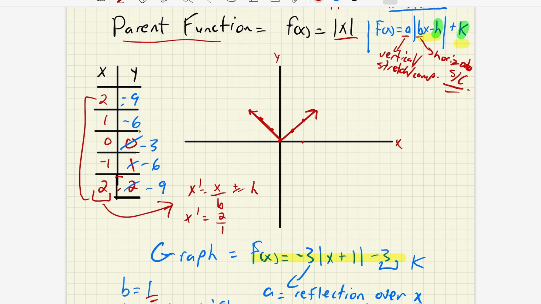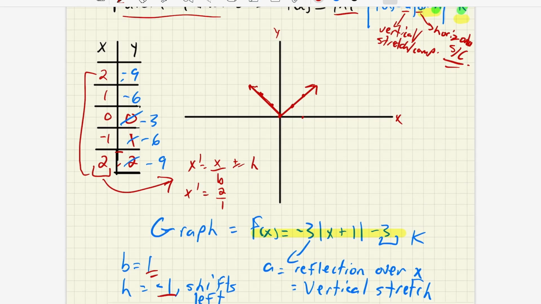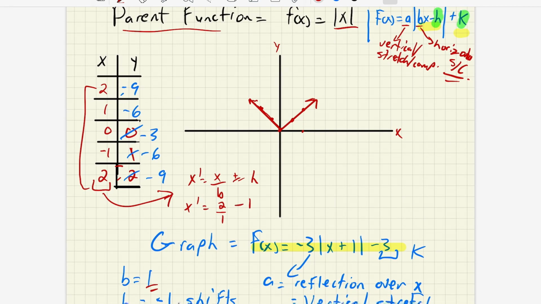And then plus or minus, now in this case, the h is negative 1. So we're going to go minus 1. And that's going to give us 2 divided by 1 minus 1. That gives us a value of 1.